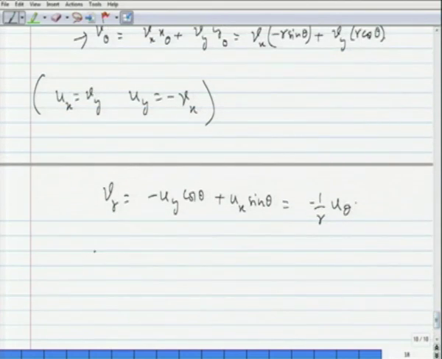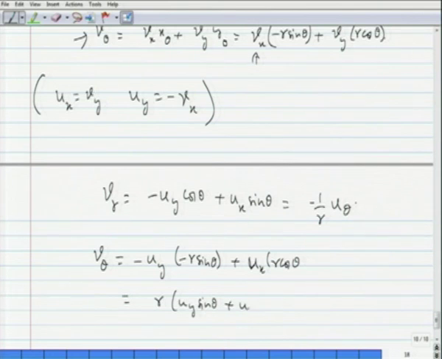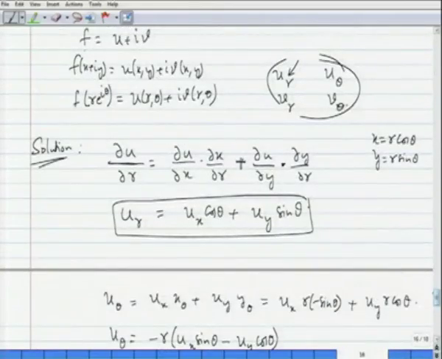Okay. And then likewise v theta is v x, which is now minus u y times minus r sin theta plus v y, which is now u x times r cosine theta, is going to be r times u y sin theta plus u x cosine theta. Okay. And u y sin theta plus u x cosine theta is u r.